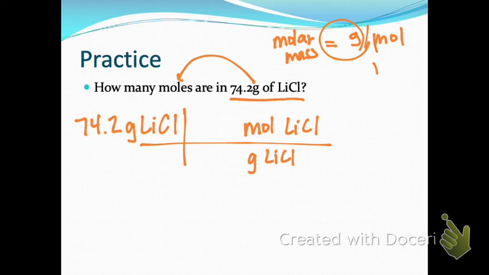And so when we do this, we say 1 mole of lithium chloride weighs how many grams? I have to go find that number. I have to calculate the molar mass of lithium chloride, because molar mass always is the thing that goes with the unit for grams. Okay, so let's go to your periodic table and your calculator and calculate our molar mass for lithium chloride.